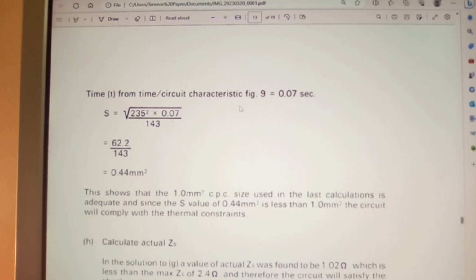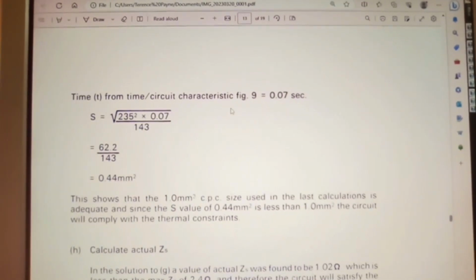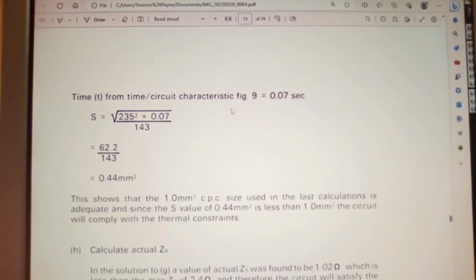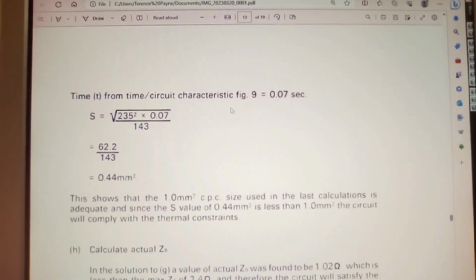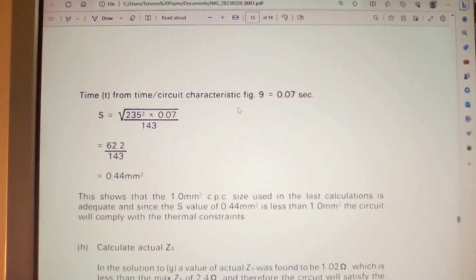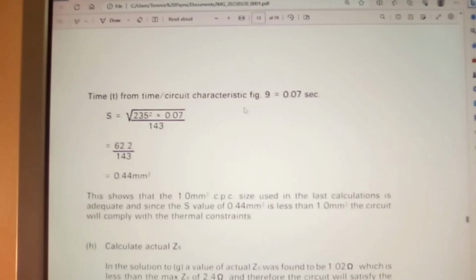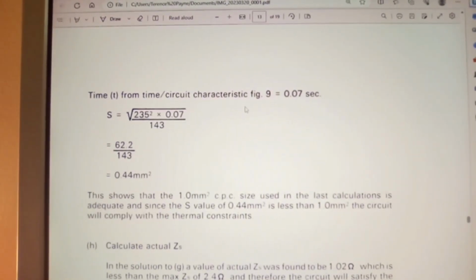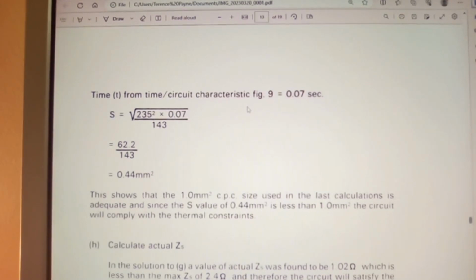Oh, that's interesting. Could be me, but look, be aware that there may be errors in this.